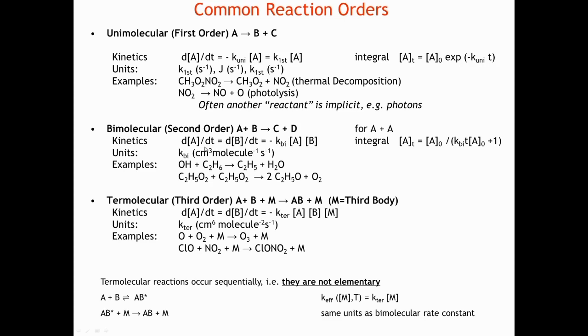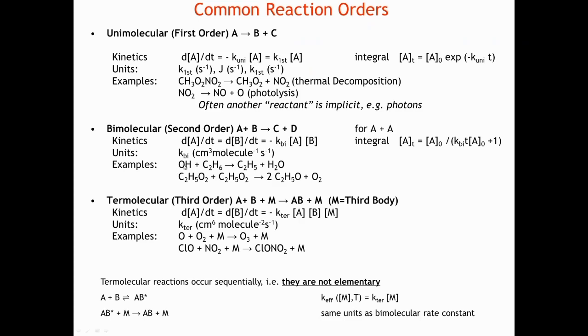So when you multiply it by the two concentrations, you get the product per second. So the number of molecules per centimetre cubed per second.